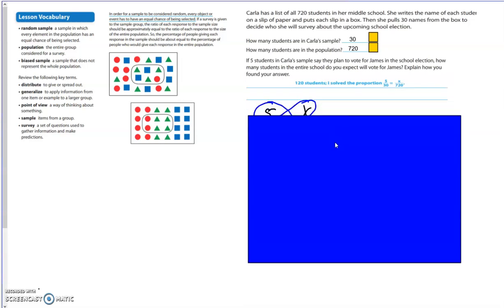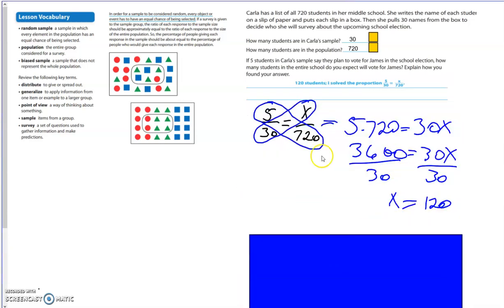So we set this up as a proportion. We got this 5 students out of the 30 are going to vote for James. So that equals x out of 720. So we simply do this butterfly cross multiplication. 5 times 720 equals 30x.